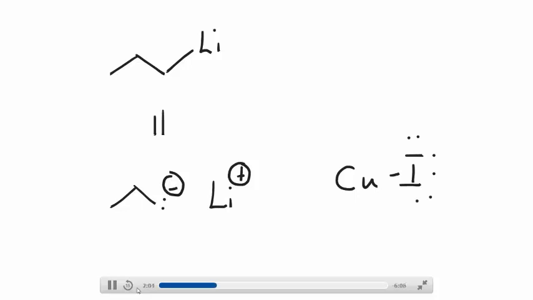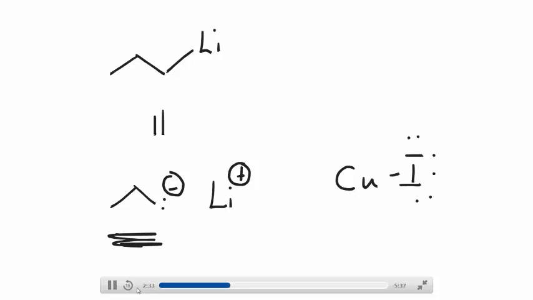But this carbanion is extremely basic, as we've mentioned previously, and because it's so basic, it really needs to give the electrons to someone that will share them with it. Iodide's already negative. It doesn't want any more. Lithium is no help, but copper is a different metal, and copper is more electronegative than lithium is.